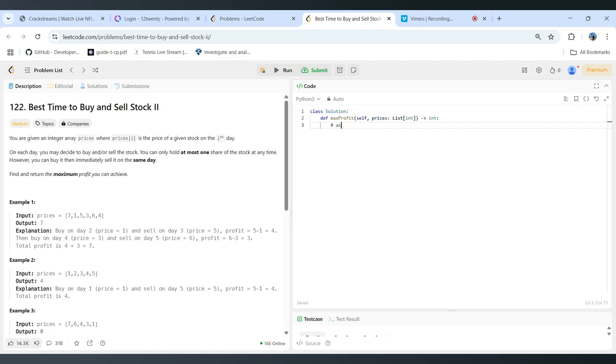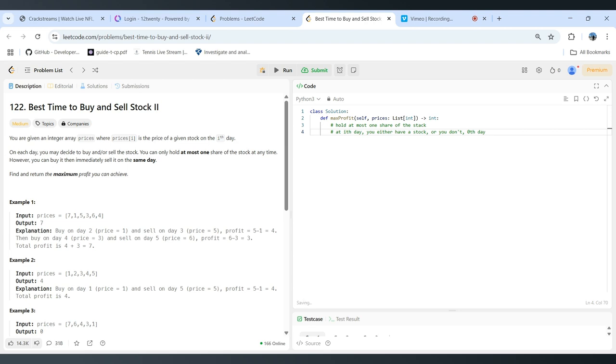Okay, so some immediate notes that I'm noting is that first of all, you can hold at most one share of the stock. This means one thing. At the ith day, you either have a stock or you don't, right? Starting at the 0th day, you don't have a stock, but you have the option to buy it.